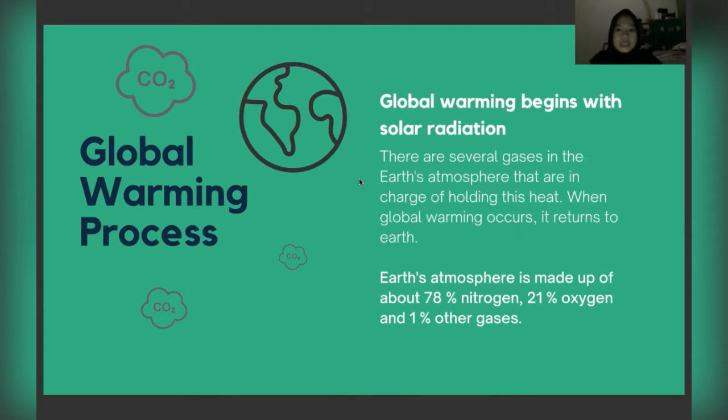Some of these gases are referred to as greenhouse gases, which include water vapor, carbon dioxide, ozone, methane, and nitrous oxide. These gases work as a blanket that protects the Earth.